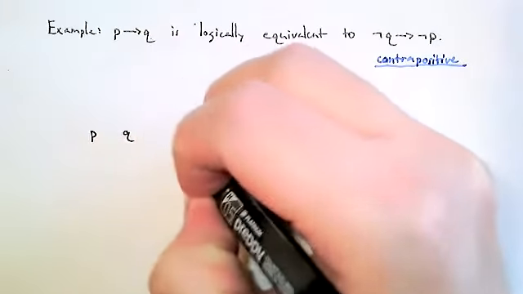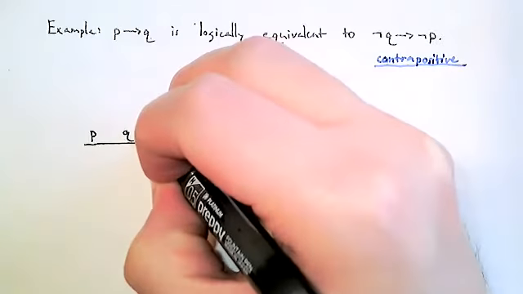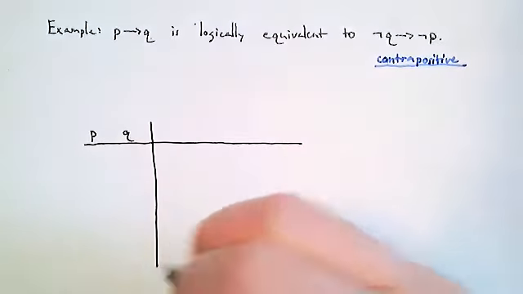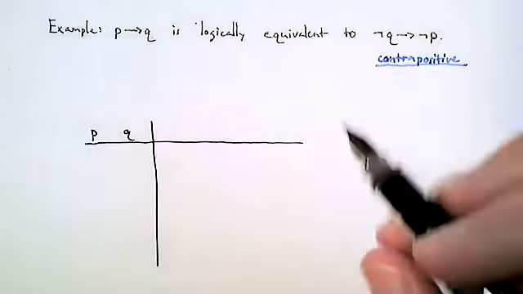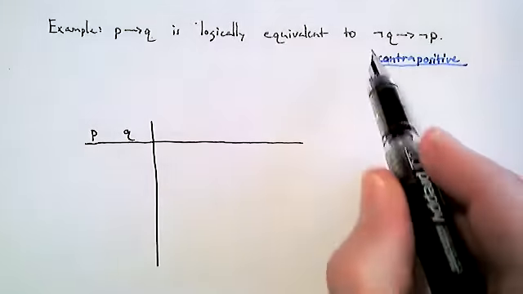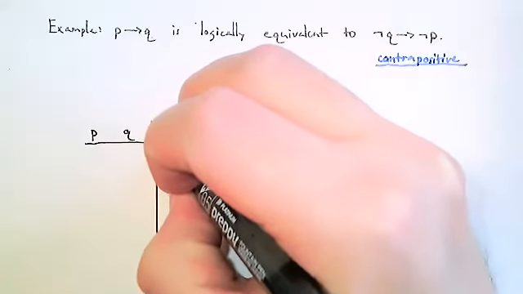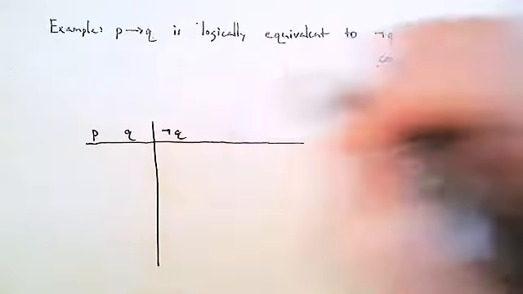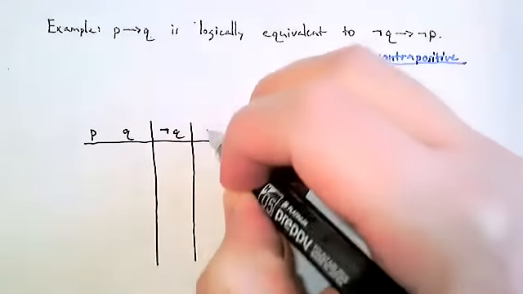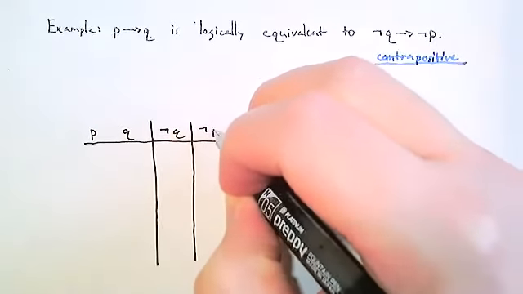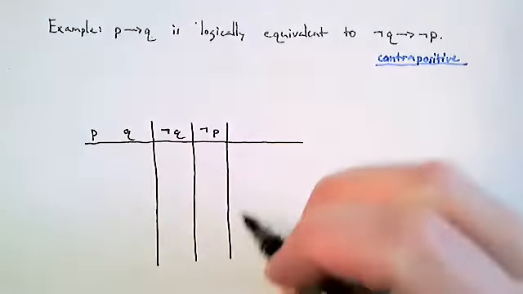And again, working quickly, we start with P and Q, our simple propositions, and then I need to build up this one that's more complicated. So we need one column for not Q, since it's on the left, and then another column for not P. And then we'll put the two together in a conditional statement.